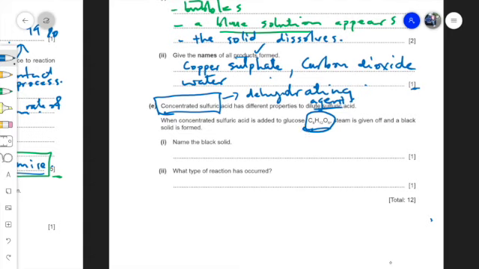When water is removed, which is the H and the O, remember water is H2O, it means you have removed the hydrogen and the oxygen, so what is left is the carbon. So the black substance is going to be the carbon.